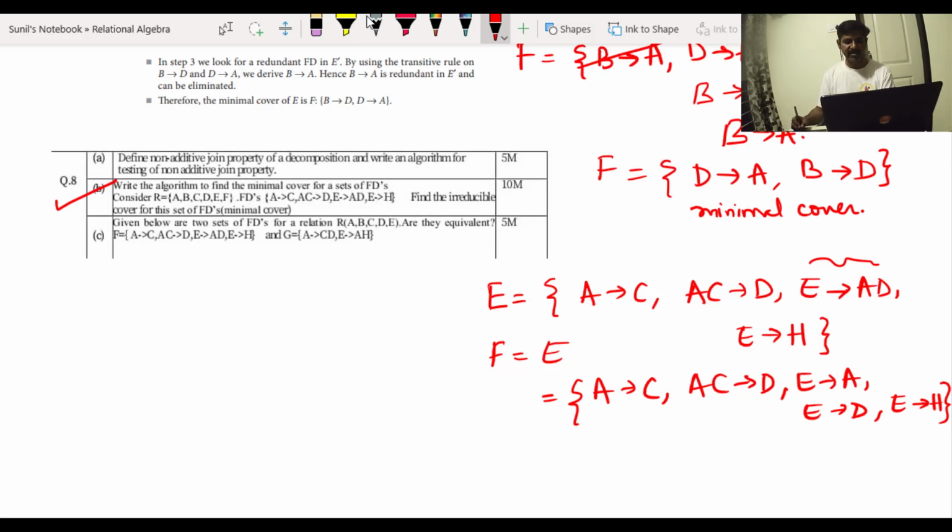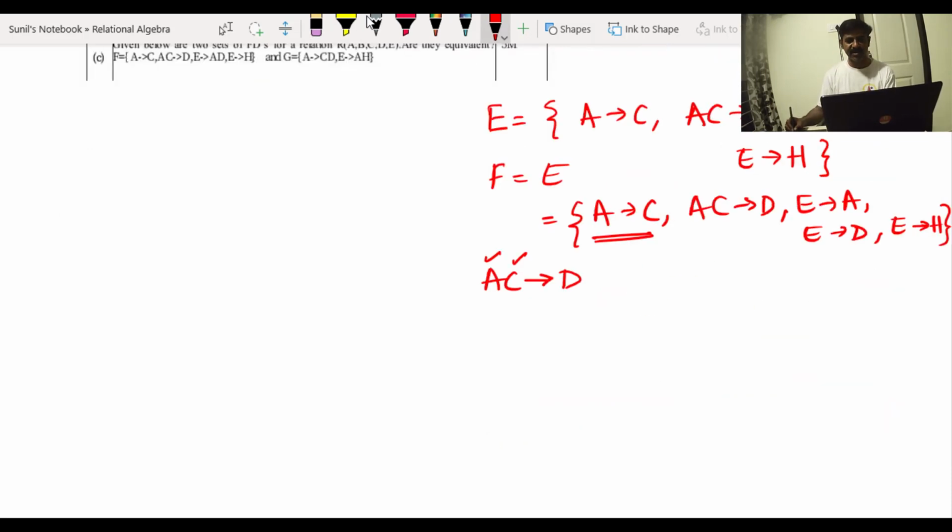So the only functional dependency which is put to test in step number 4 is AC arrow D. Can I do away with either A or C somehow, is what I have to see. So let us see how I can do this. Now take this functional dependency, and we need to check whether I can eliminate A or C. So what we can do is see if there is a possibility of a transitivity.